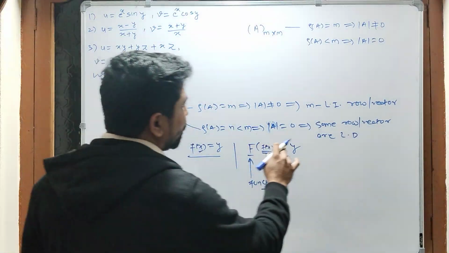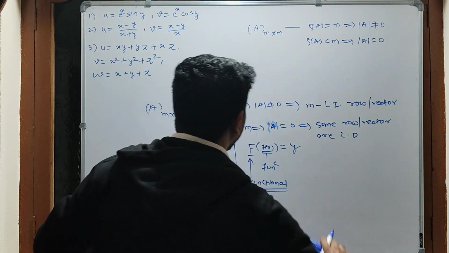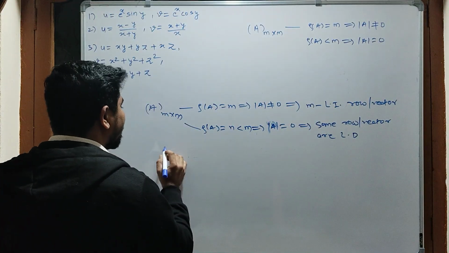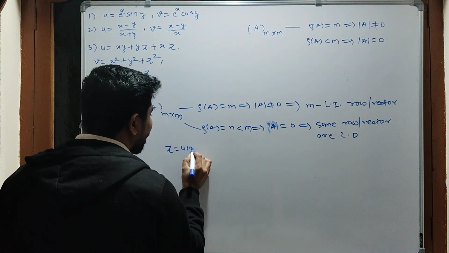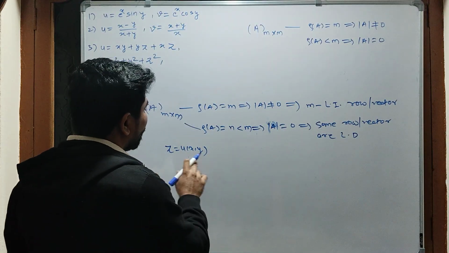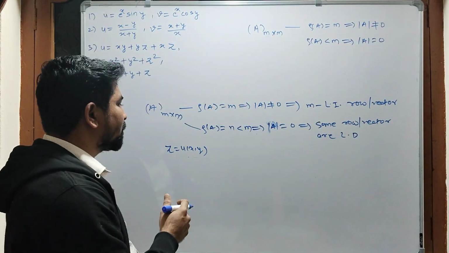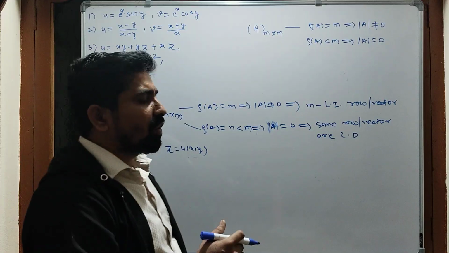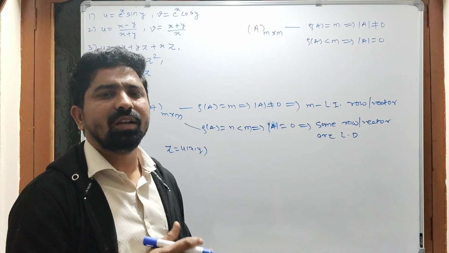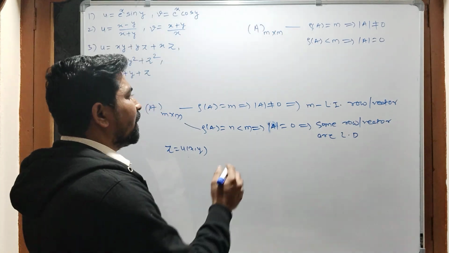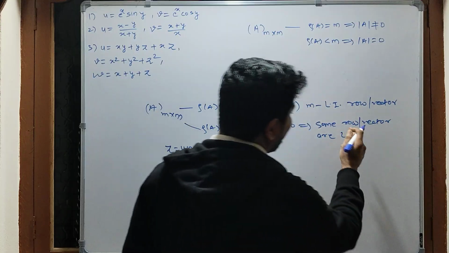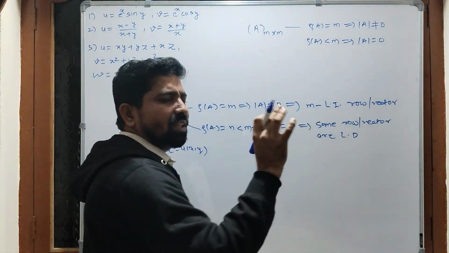Now I want to define functional dependence and functional independence. Let's say I define z equal to u of x comma y. So now z equal to u of x comma y, here z equal to f of x comma y. So whether this functional is dependent or independent. In the same way as vectors or rows: in a matrix, a row is nothing but a vector.